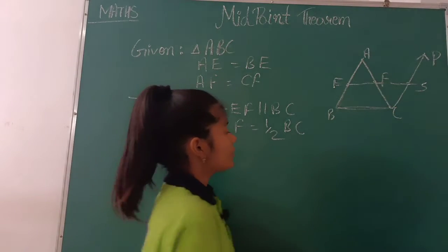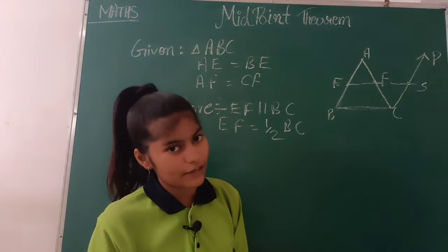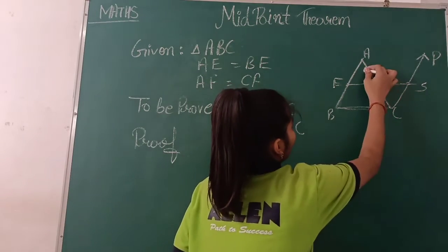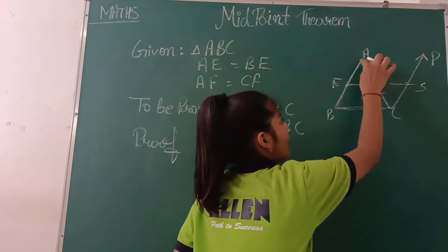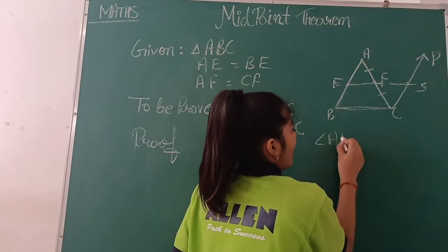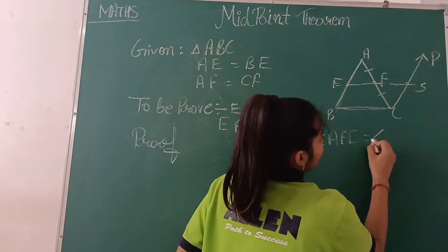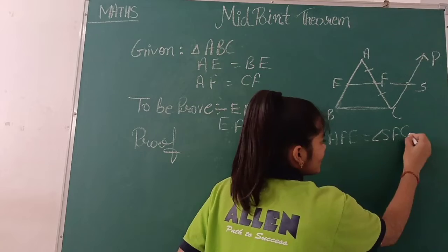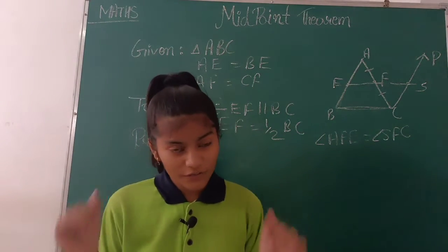How will we do it? See, F is the midpoint of AC, which we have been given. F is the midpoint of AC means AF equals CF, right? Now, angle AFE equals angle SFC, because they are vertically opposite angles.